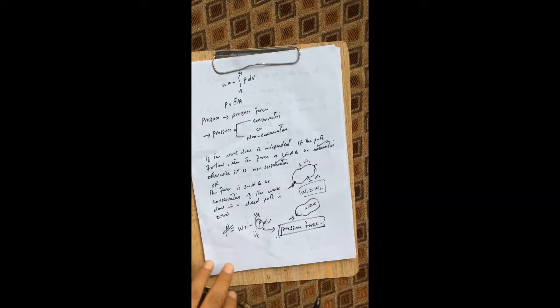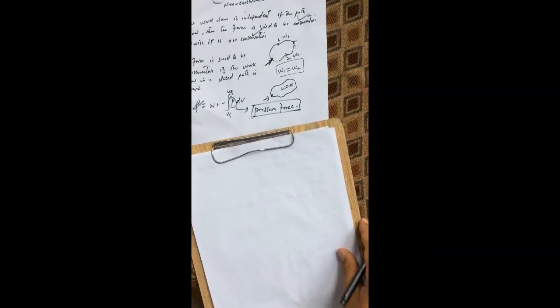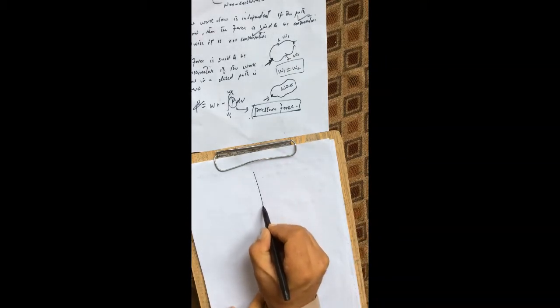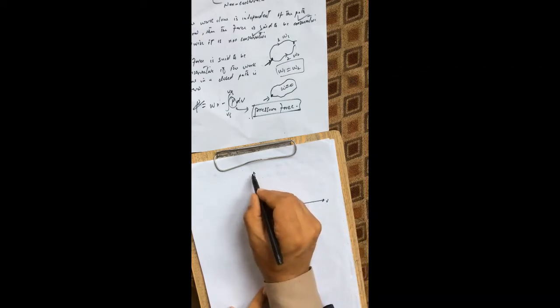For that we take a system and I can draw the graph here. Suppose this is the volume and this is the pressure.